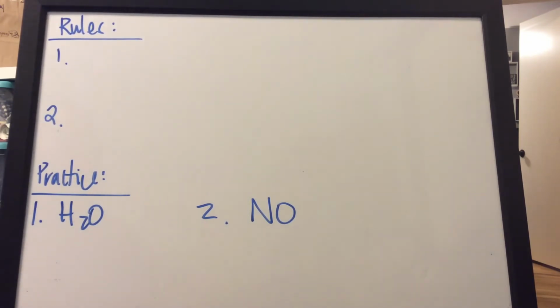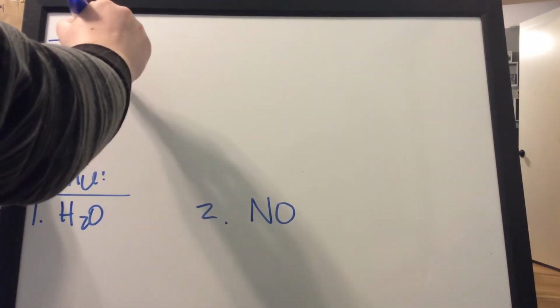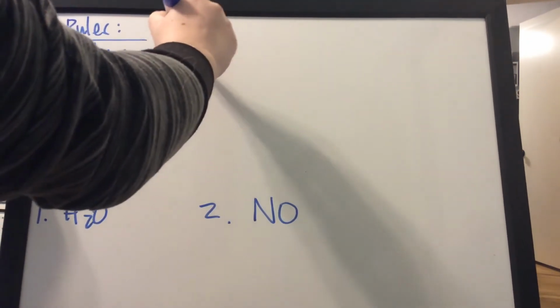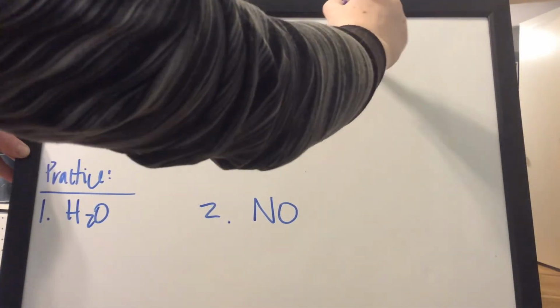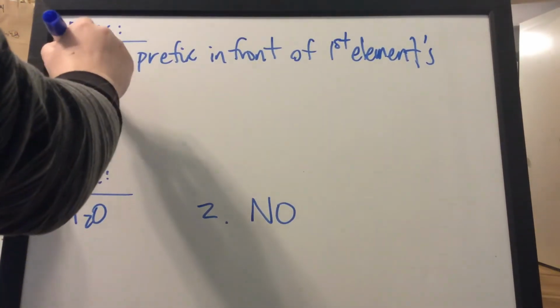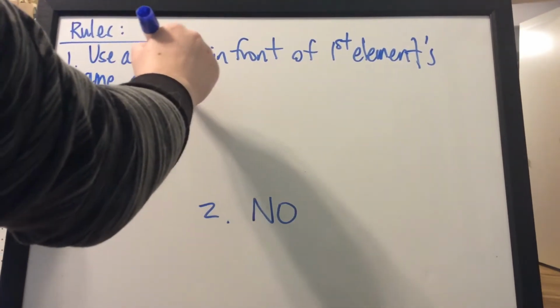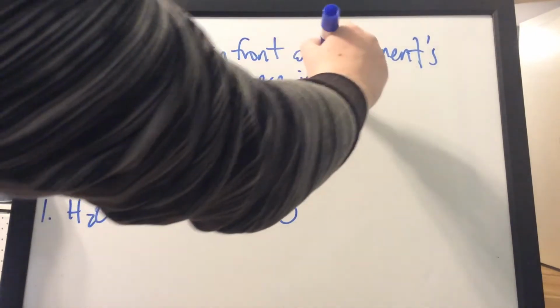Okay, so the first rule is that we use a prefix in front of the first element's name only if there is more than one of them.